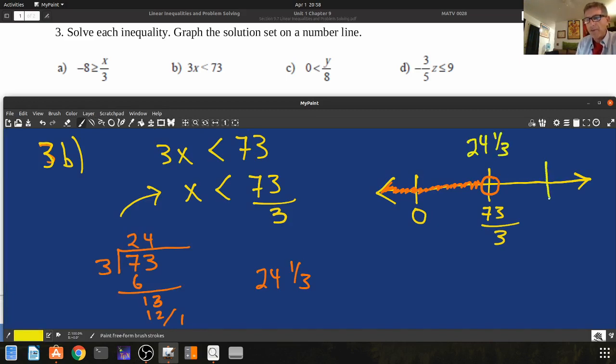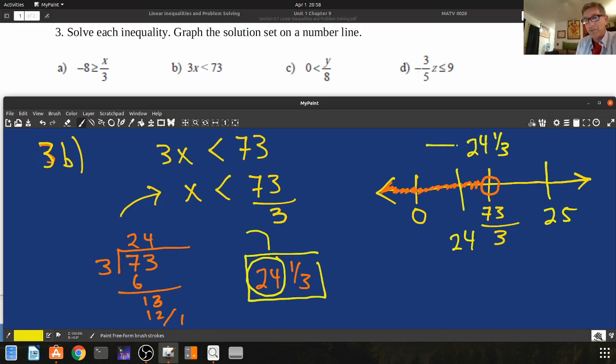Especially if you had to find, okay, here's 25, here's 24, here's 26. Where does it go? You would actually need to do the division and get the whole number part in order to situate it on the number line. For my test, if we were actually giving you the test, the reason I'm telling you this is I'm not really for sure how MyMathLab is going to ask you to do it, and you're going to be taking the exams on MyMathLab. So that's the reason I told you you might need to do that extra step.